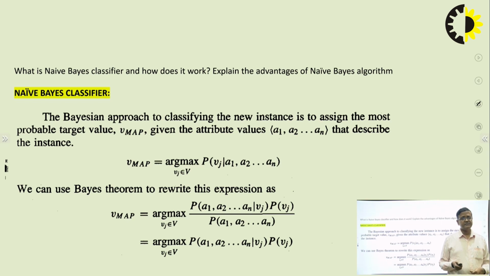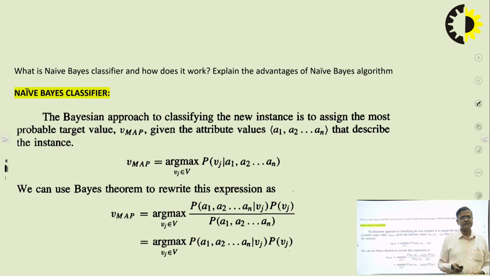Now this equation can be further elaborated using the Bayes theorem, and we can write VMAP as argmax over Vj element of V of the probability of the attributes given Vj into the probability of Vj, divided by the probability of the attribute values, and we can again ignore the denominator term.